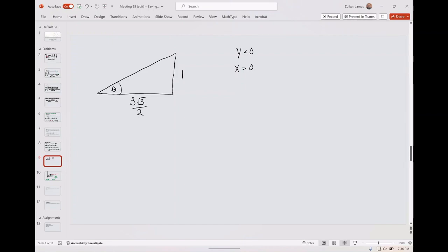Right, so 27 over 4 plus 1 is what? 31 over 4. And then square root. 27, yeah. So root 31 over 2, right?